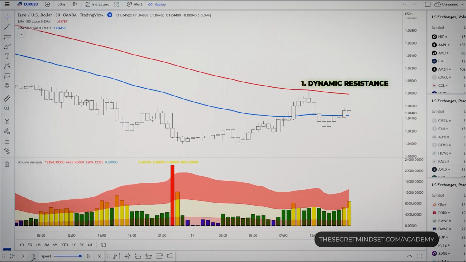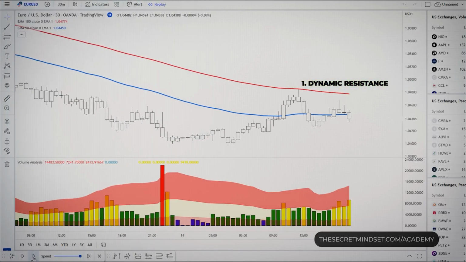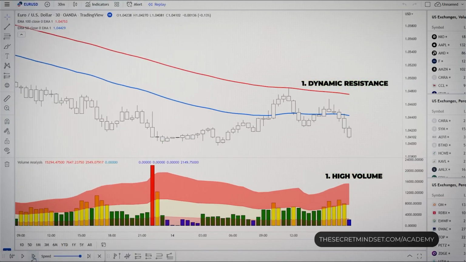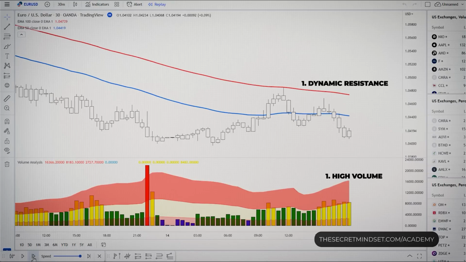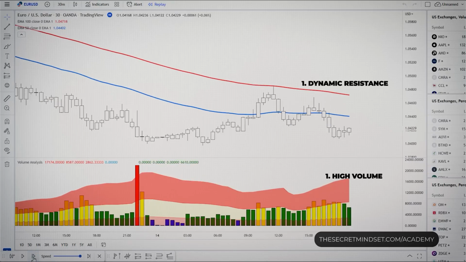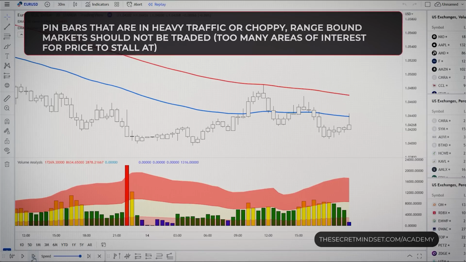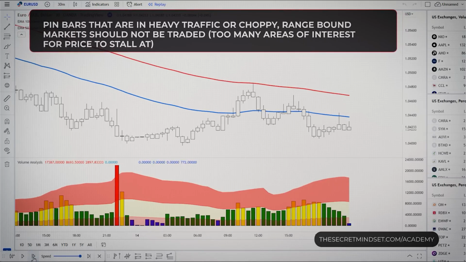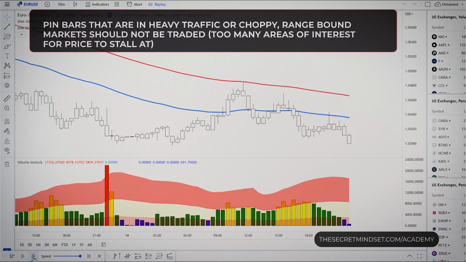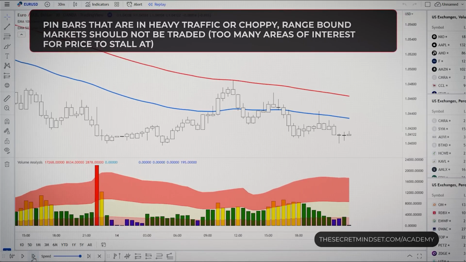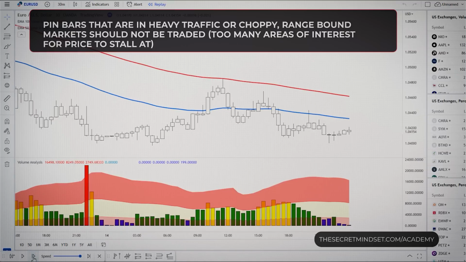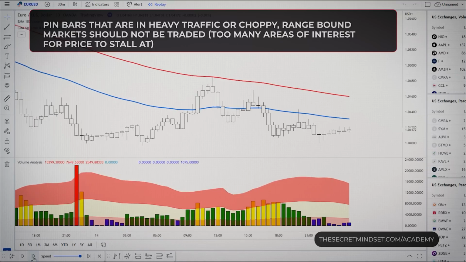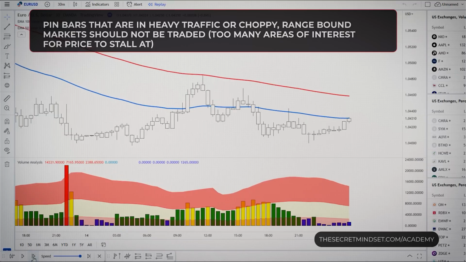This is why we'll use the EMAs for trend direction and volume to spot interest and active participation in a future price move. Also, pin bars that are in heavy traffic or choppy range-bound markets should not be traded. The reason for this is that there is no clear trend and there are too many areas of interest for price to stall at.